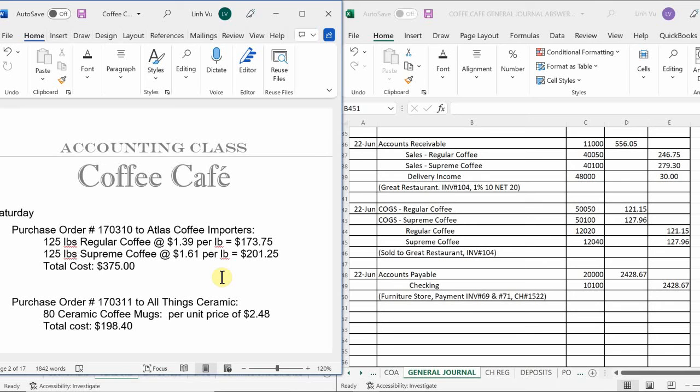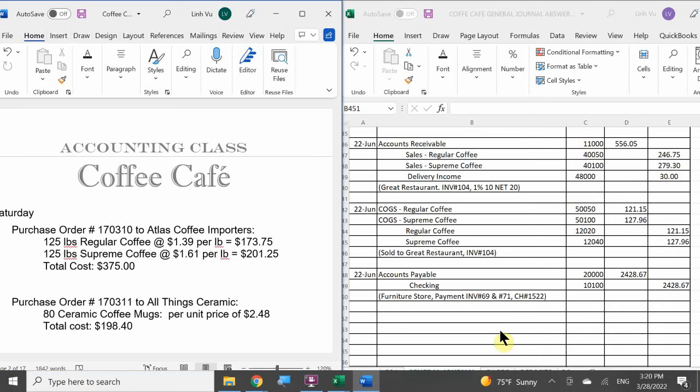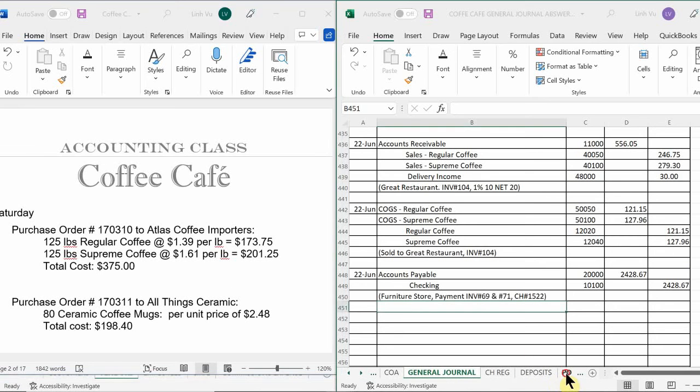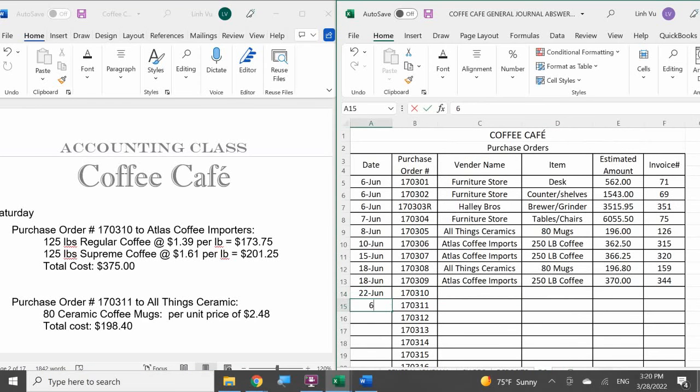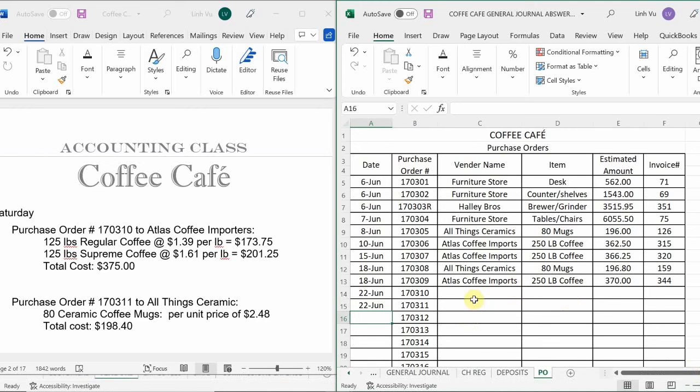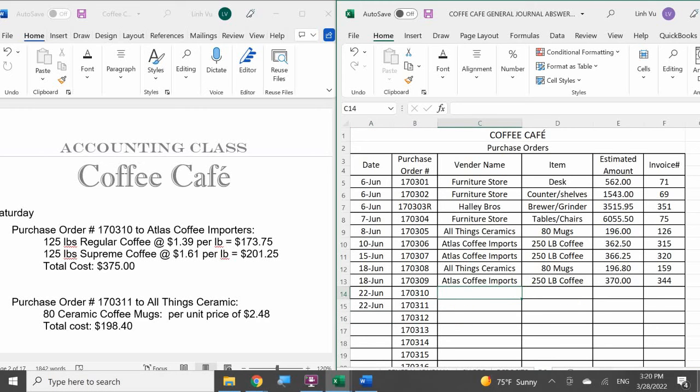Put it in your purchase orders. So in this case, POs. Today is the 22nd. We're doing 2 purchase orders, right? 310. Okay, purchase order 310 is to who?